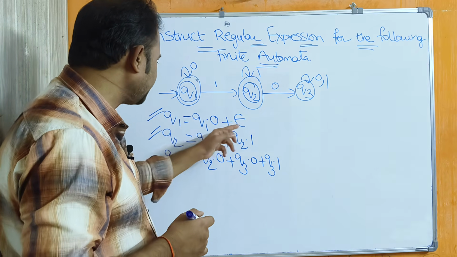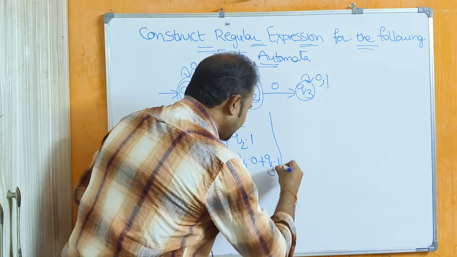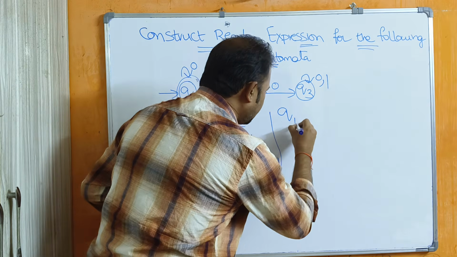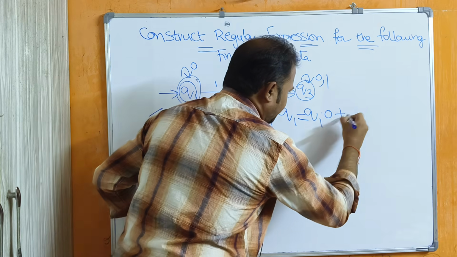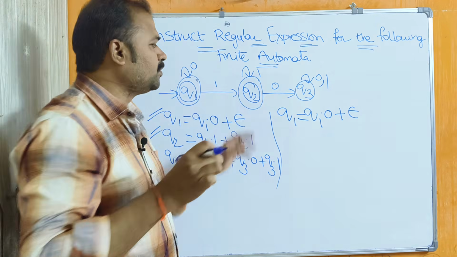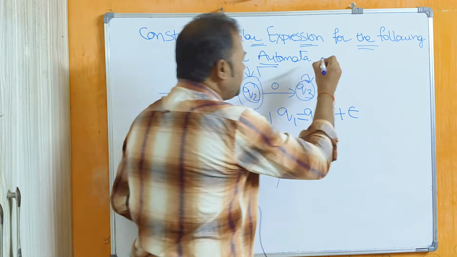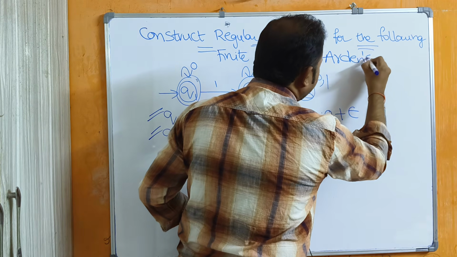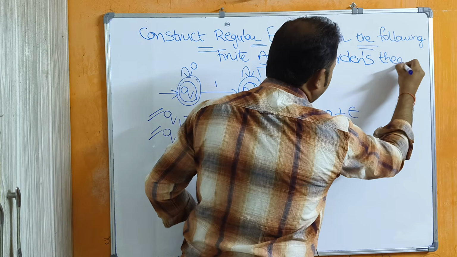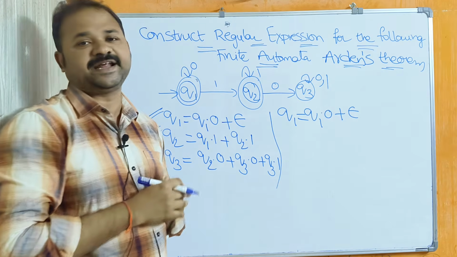So first let us simplify Q1. Directly we can simplify Q1 here. Q1 equals Q1 dot 0 plus epsilon. Here we need to perform the simplification with the help of Arden's method. So here we are converting finite automata into the regular expression with the help of Arden's theorem.